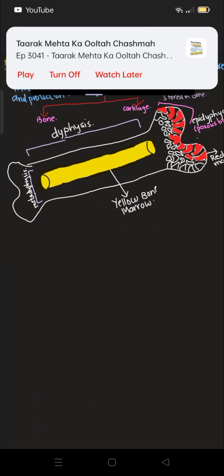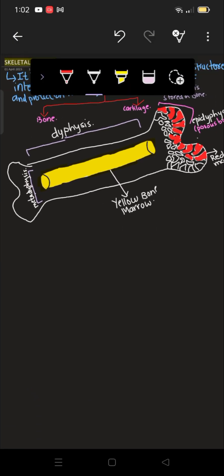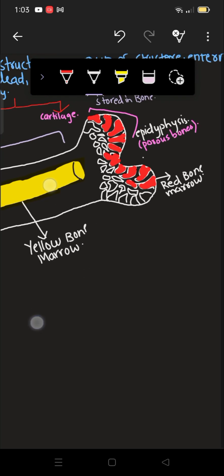So what are these responsible for? Red bone marrow is responsible for making red blood cells, white blood cells, and platelets. Let me write this as well.